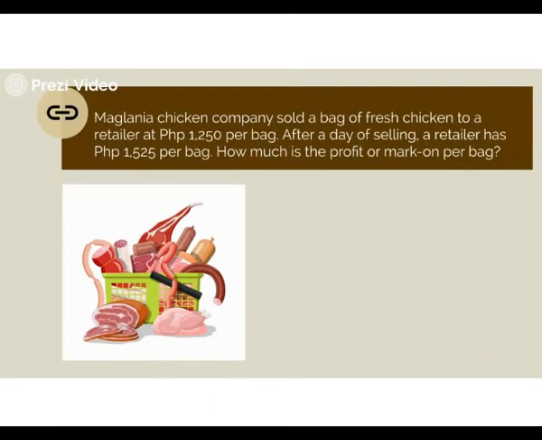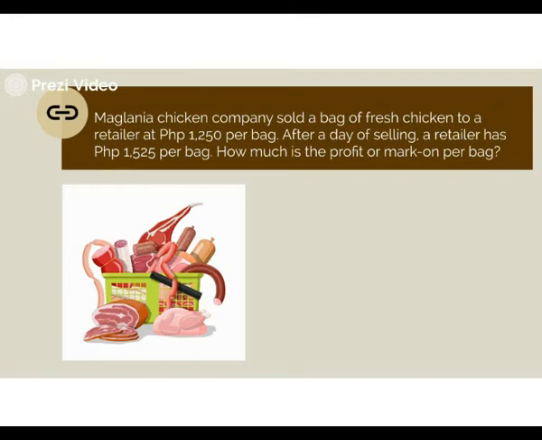Maglanya Chicken Company sold a bag of fresh chicken to a retailer. Cost 1,250 per bag. After a day of selling, a retailer has 1,525 per bag. How much is the profit or mark on per bag? In solving that one, as I said a while ago, to solve for the profit or mark on, we need to get the difference between the selling price and cost of production.